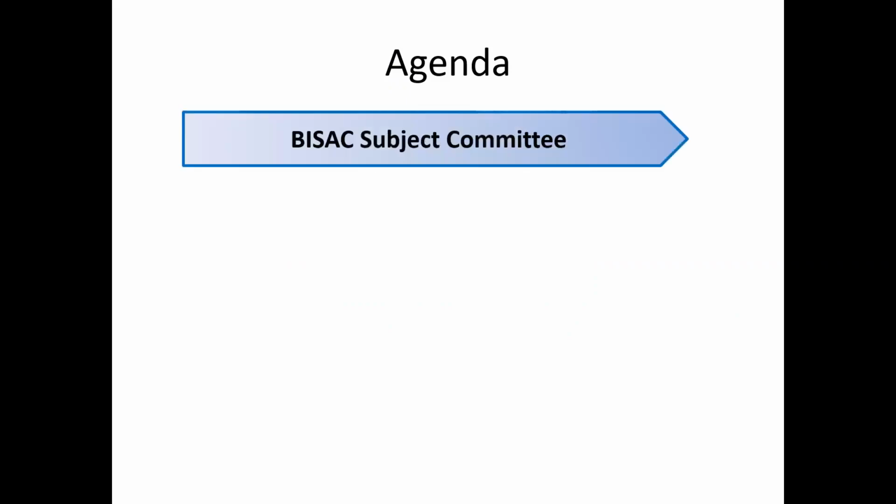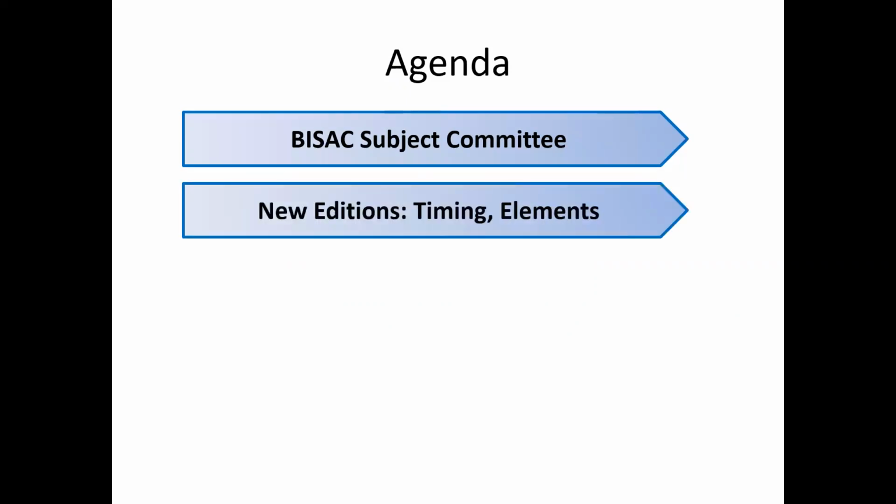So today, in addition to the 2021 edition, I'll touch on the BISAC Subject Committee a little bit. Some things about the new editions: when a new edition comes out, the timing and the elements of the new editions.